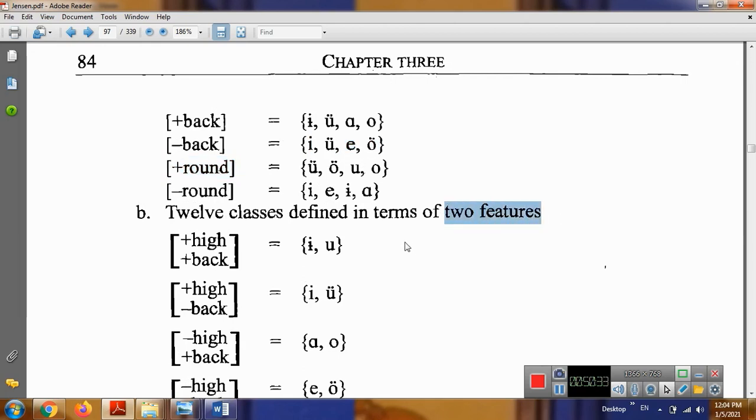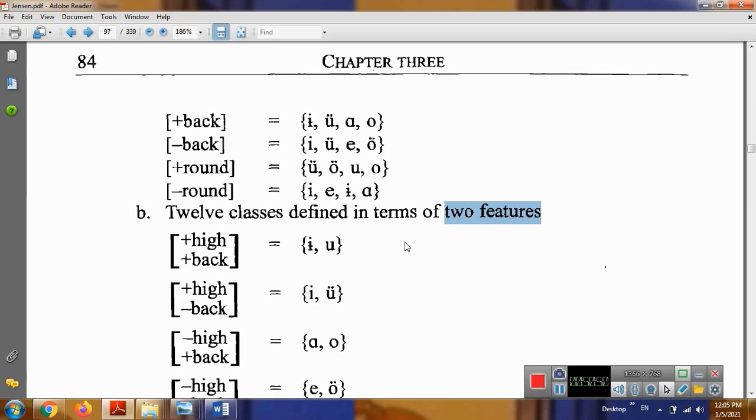For a natural class in Turkish, we should mention two features or one feature, not three features, because according to three features, we designate one member.